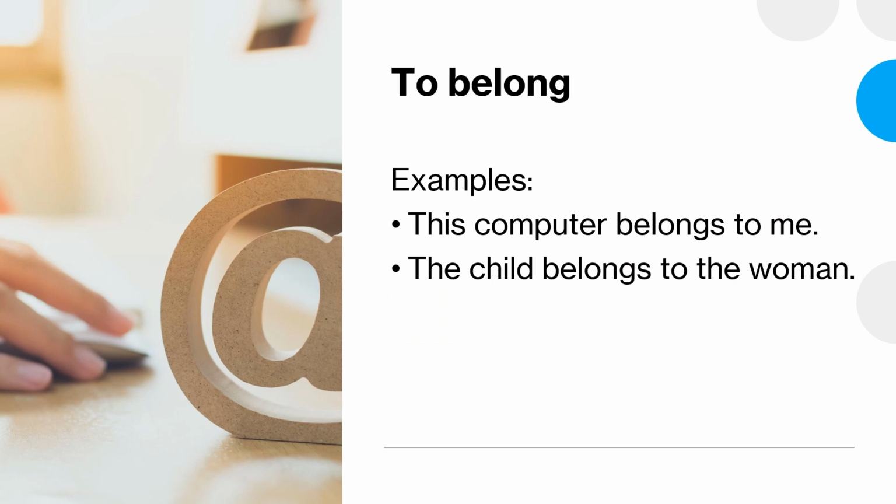Now, I want you to pay attention here, okay? When you're using the verb to belong, you have to put "to" in your sentence. For example, this computer belongs to me. You cannot say in English, this computer belong me.